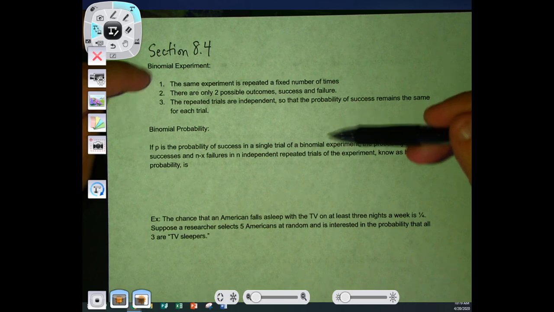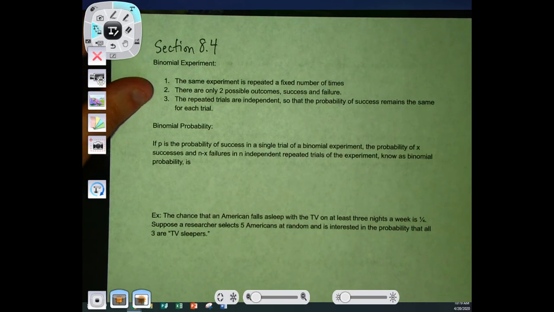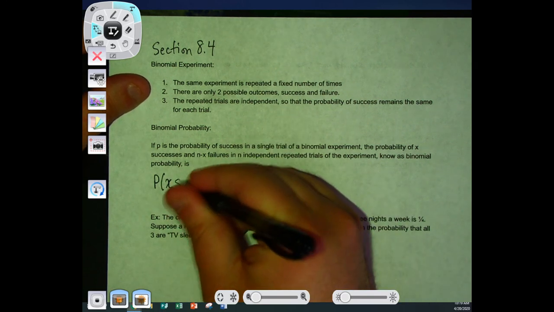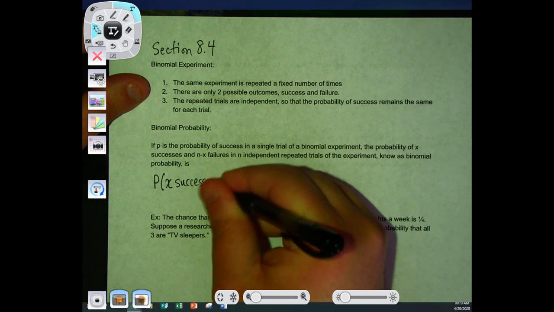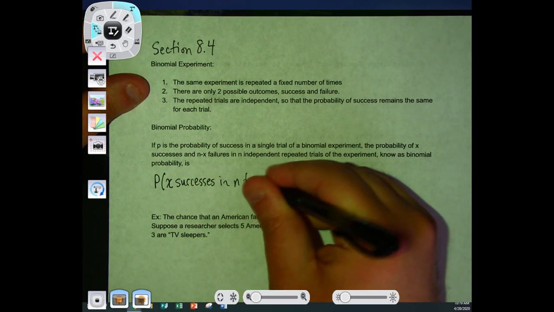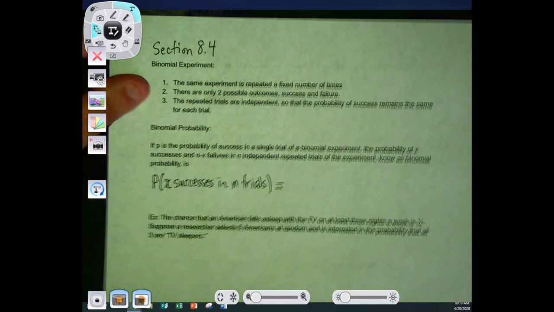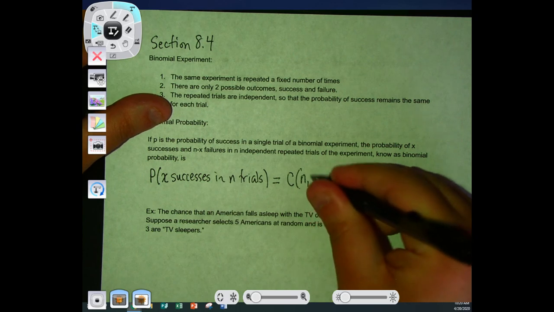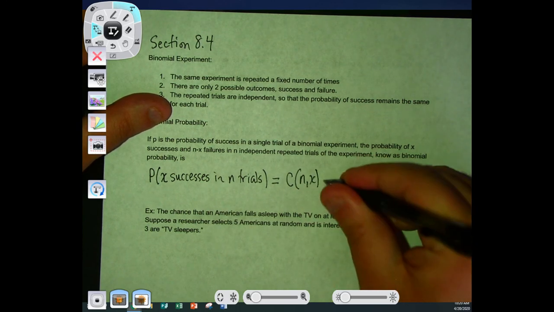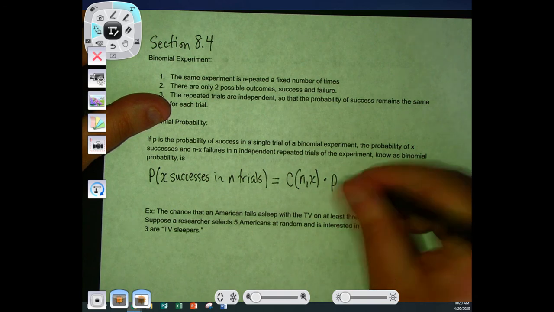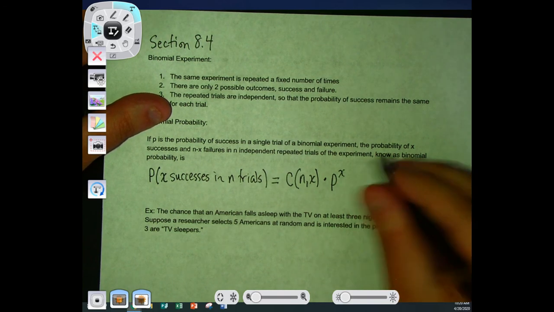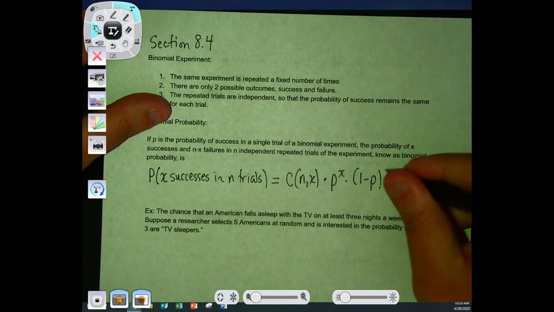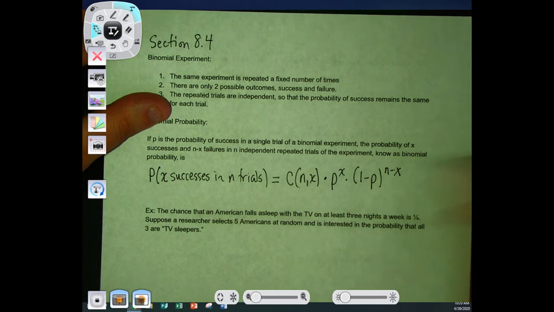If we meet all three of these for a binomial experiment, we can calculate a binomial probability as the probability of X successes in n trials is equal to the combination of n choose x times the probability of success to the x power times 1 minus the probability to the n minus x power.